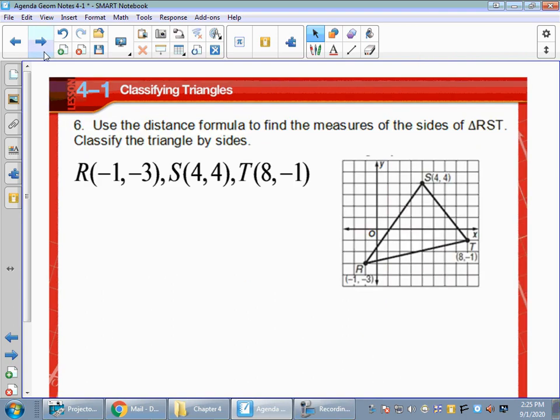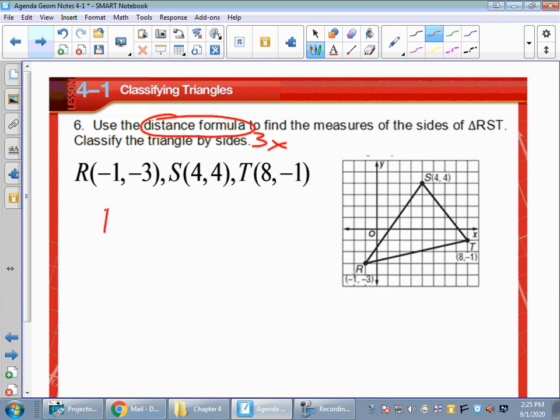All right? And one more I think you have on yours. Use the distance formula to find the measures of the sides of RST, and classify it by its sides. So I'm going to let you guys work on that. The only tip I'm going to give you is you have the points. You're going to have to do the distance formula 3 times.